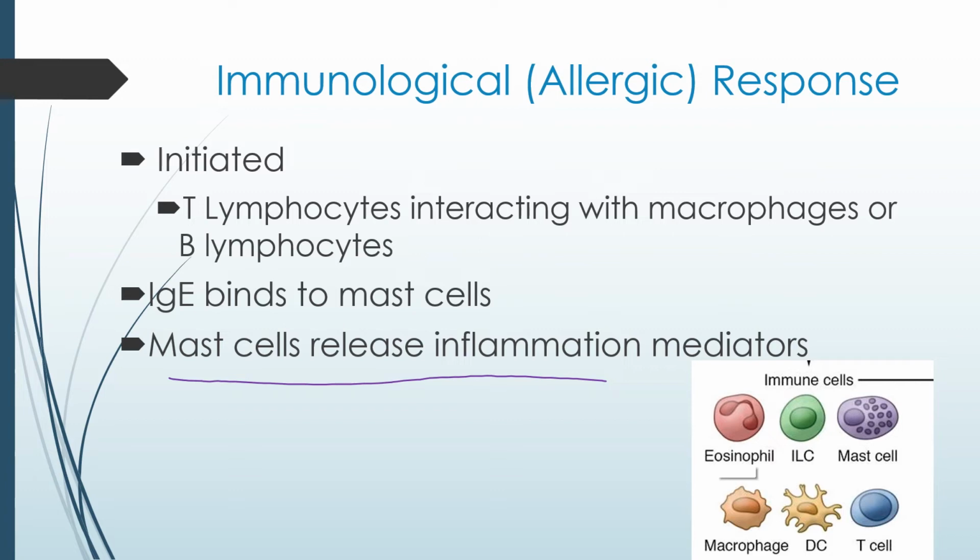They're going to release histamine and all those other things that will then cause that allergic response. You're going to see this cascade released when these mast cells are destabilized. That's when bad things happen. That's why we try to give people mast cell stabilizing medications as an anti-asthma drug.